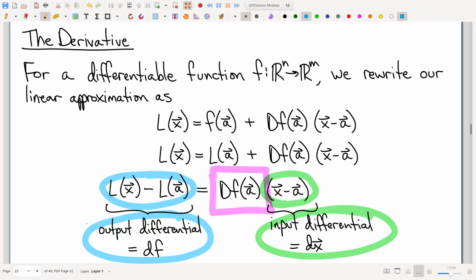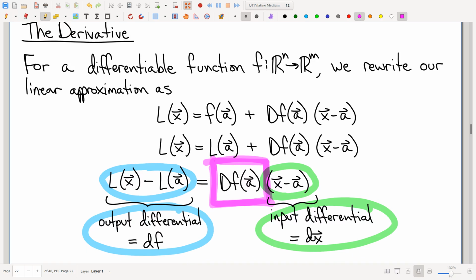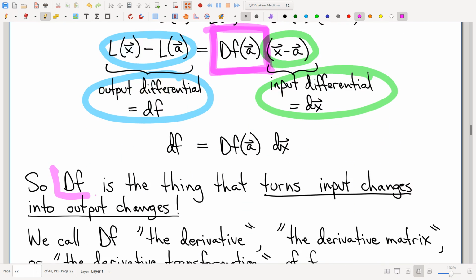So, what does df do? df is the thing that turns input changes into output changes. And you're going to recall what I put in the box at the very start of our discussion of derivatives was that's what makes something a derivative, most fundamentally.